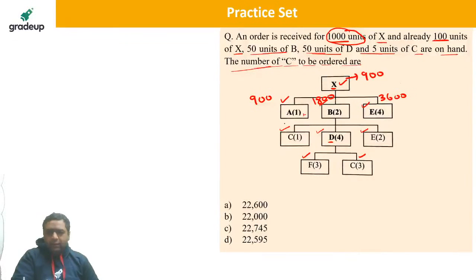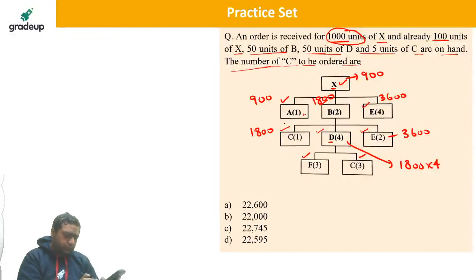For 1800 of B, 1800 of C are required, and D required is 1800 into 4, what is 1800 into 4? 7200.